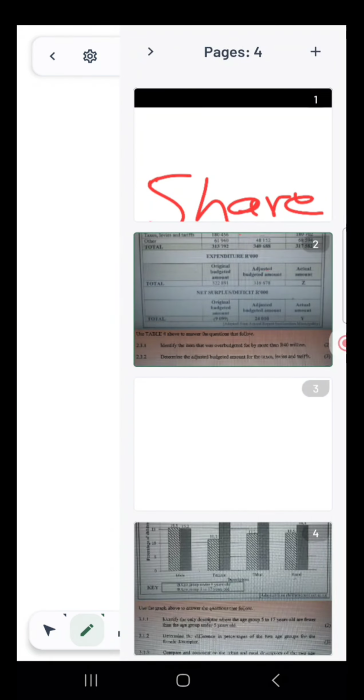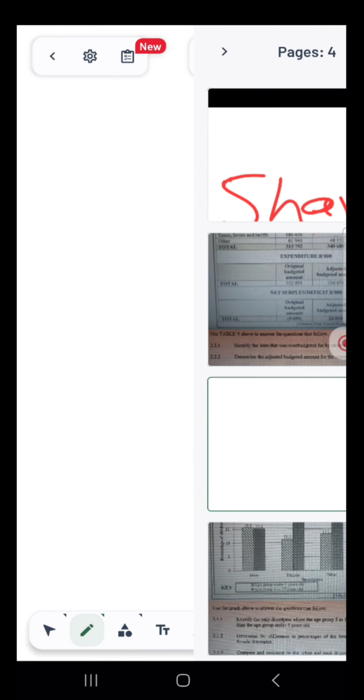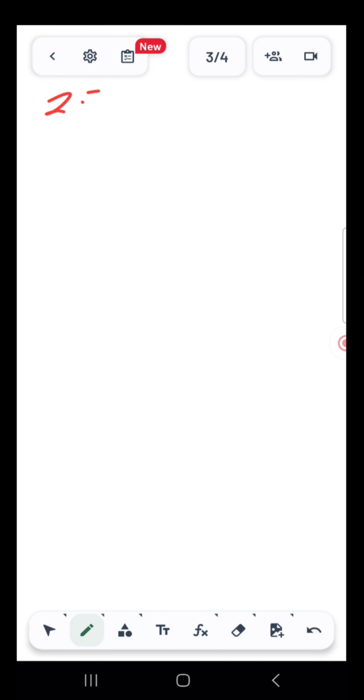Okay, now let's do the actual calculation. So it's 2.3.2. I'm glad you already know what you must do correctly. So we know what the total amount is: 340,688,000.